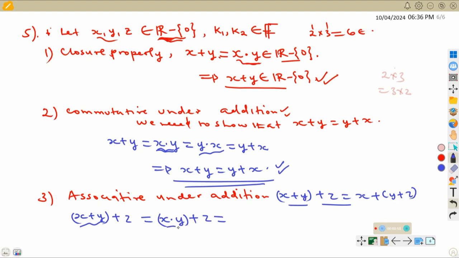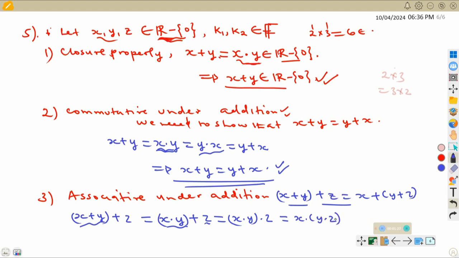But this is one value plus z. So by addition, we can also say this is the same as x times y again times z. Now this is multiplication, so we can still write this as x times y times z.